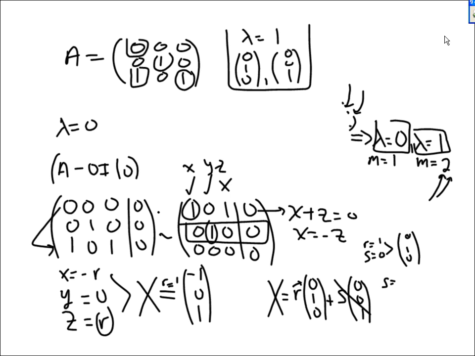And if s is 1 and r is 0, the r cancels out, and I just get 0, 0, 1. Get two of them. Let r and s both be 3, and then let r be 4 and s be 2. Just get two of them. And they're clearly independent.